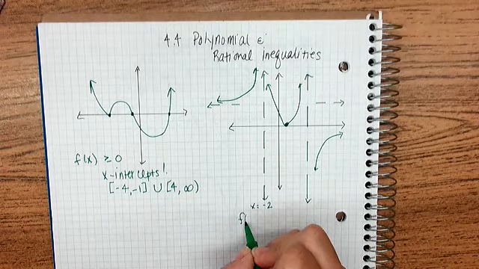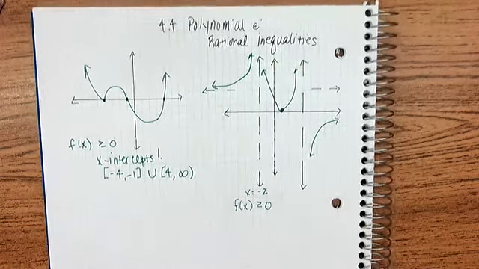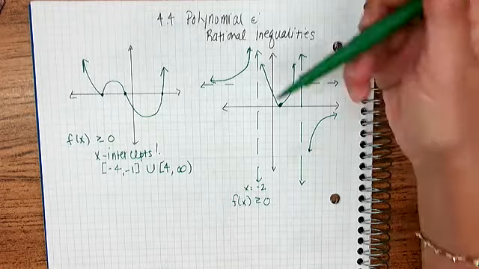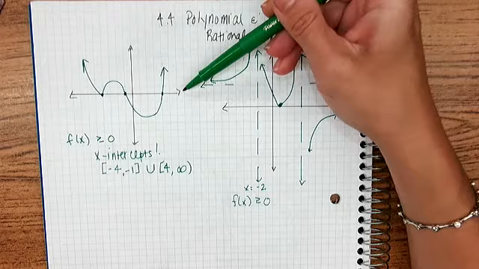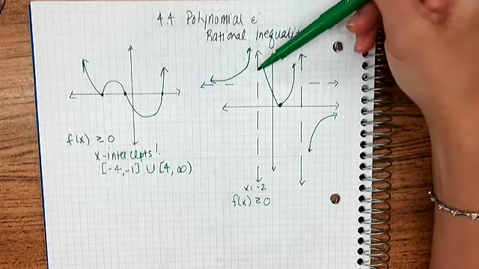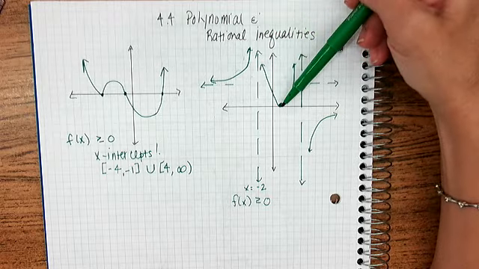Time out. I should have told you, let's look for greater than 0 again. My apologies. Let's look for greater than 0 or equal to. So I am above the x-axis from -infinity up to -2, and I'm still above the x-axis from -2 down to 1.